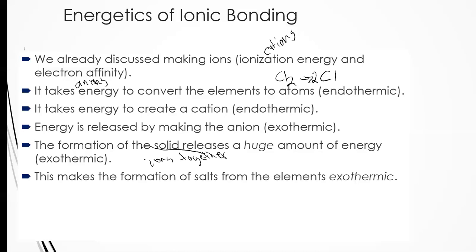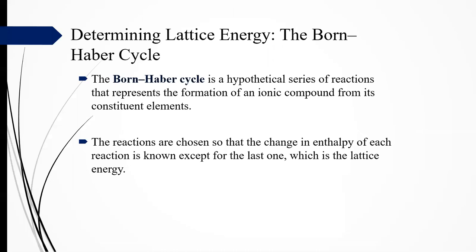when we look at this process, we can create something called the Born-Haber cycle. And what this is going to be is a set of hypothetical reactions that represents the formation of the ionic compound from its elements.